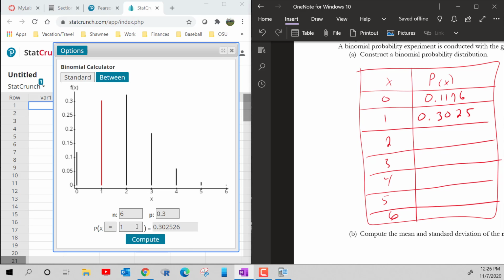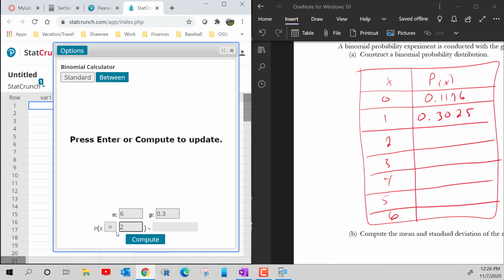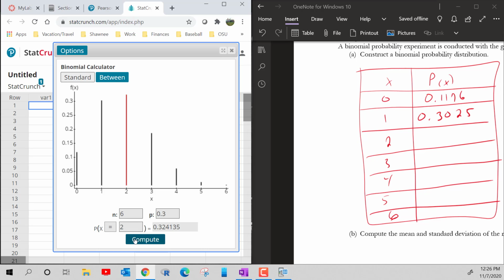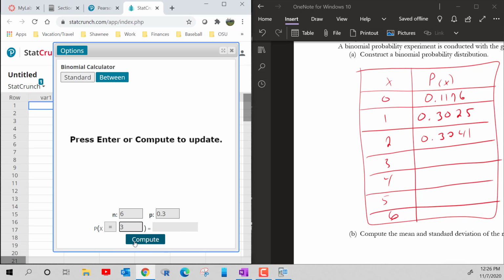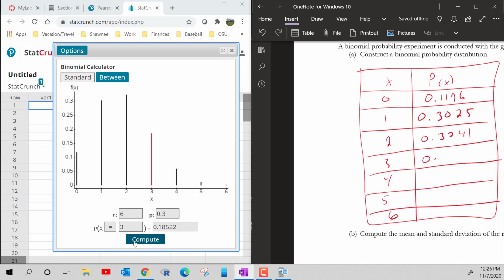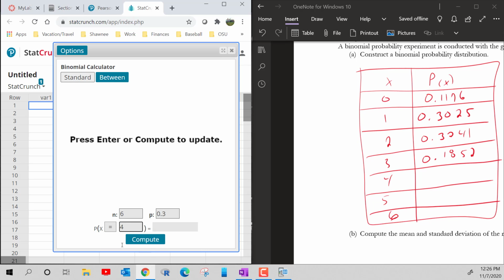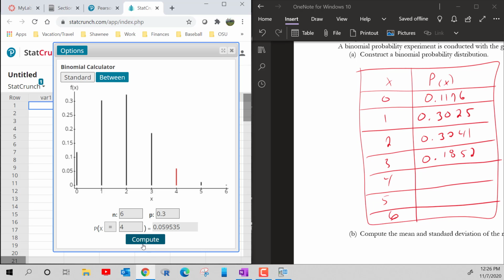And then I could do x equals 2. We get 0.3241. And then you do x equals 3. We get 0.1852. And then x equals 4. We get 0.0595.